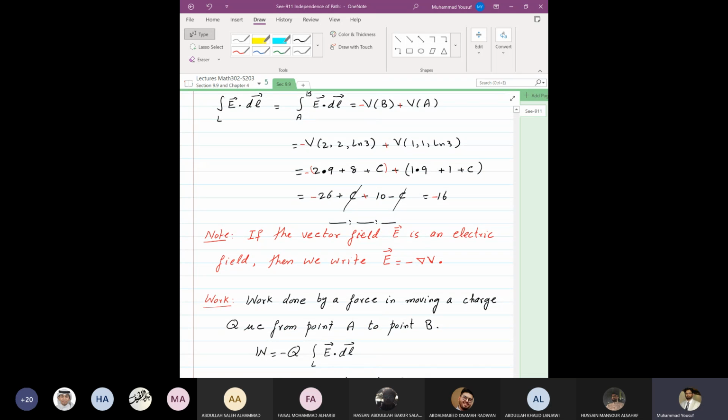And the work done by a force in moving a charge from a point A to another point B in an electric field follows from Coulomb's law, that it is equal to negative Q times the integral of E dot dl.